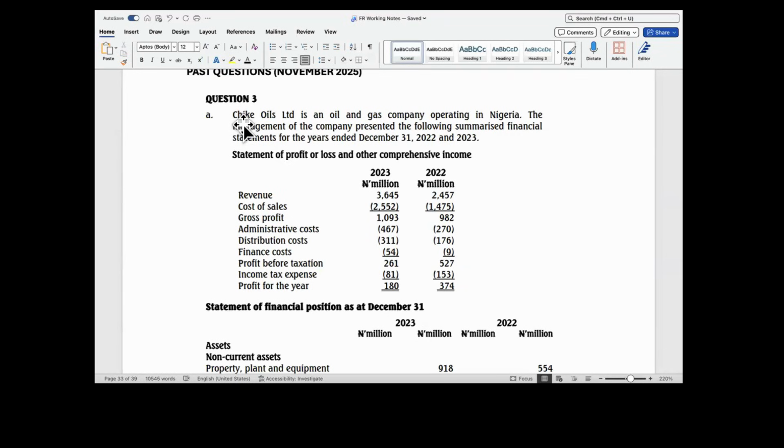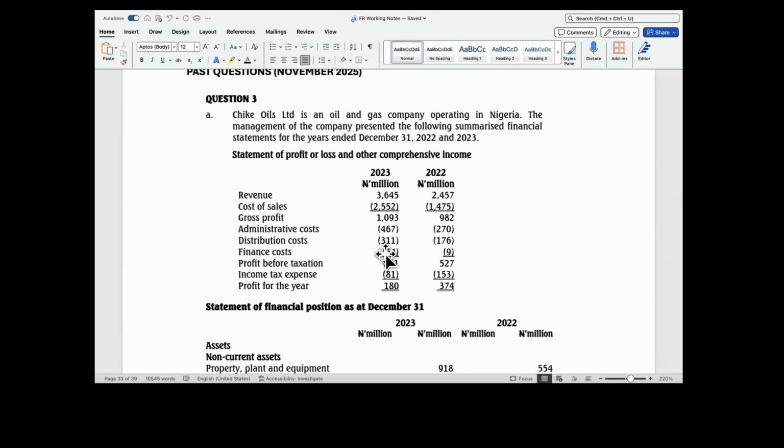Yes. So you should just add, since the PBT is 261, and you're looking for the profit before the finance cost is deducted, all you need to do is add back the finance cost.